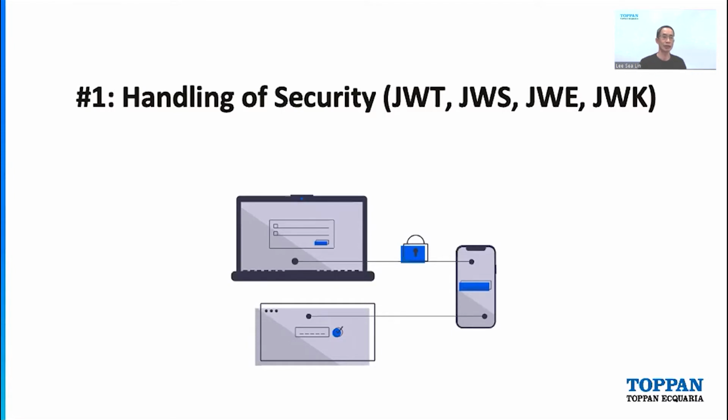There are various parts of OIDC that you need to know: JWT, JWS (JW signature), JWE (JW encryption), and the JWK, which is the JW key. So it is not so straightforward. You need to be able to handle the encryption, the decryption, and the digital signature as part of the handling of the OIDC protocol.